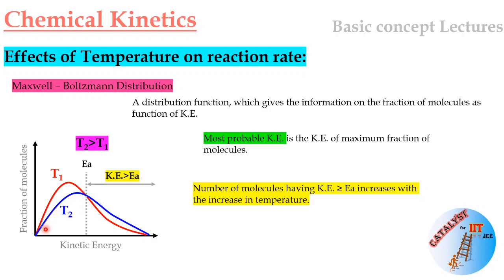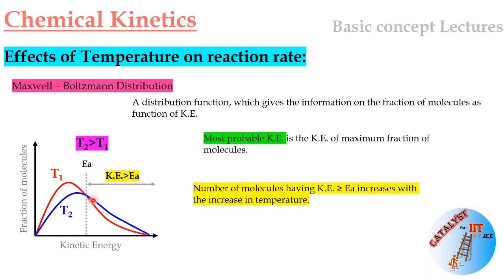But at this point, you see that this is the Maxwell-Boltzmann distribution, and with temperature it changes like this, where T2 is greater than T1. If you increase the temperature, the area under the curve always remains the same. However, the peak maximum decreases, but the spread increases. So as you can see, the area under the curve gives you the number of molecules that have more energy than Ea.